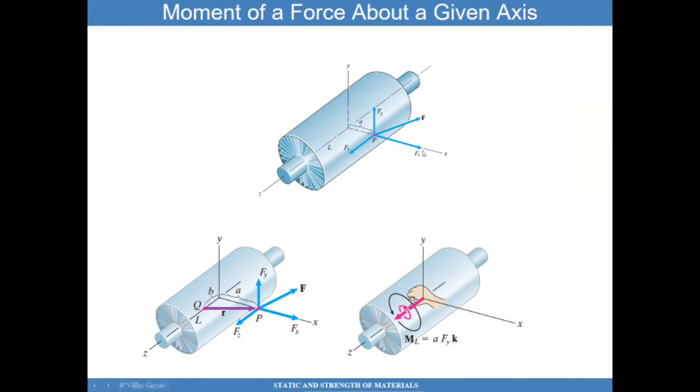You can see that Fx passes through the center line of the axis about which the moment needs to be calculated, so you don't expect this Fx to cause any moment. On the other hand, Fy does cause a moment about this axis z.